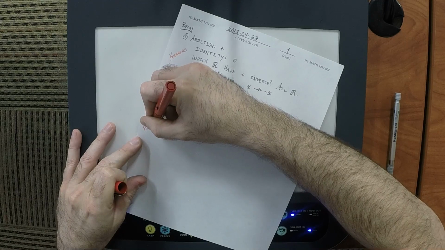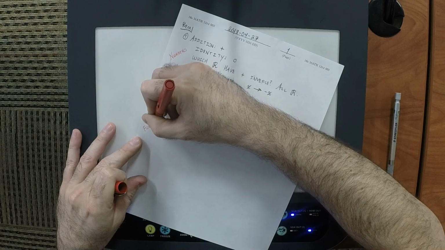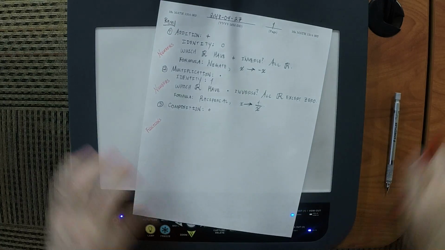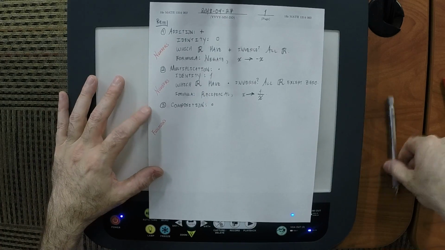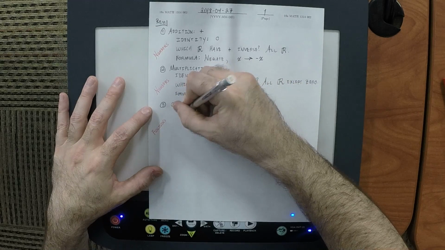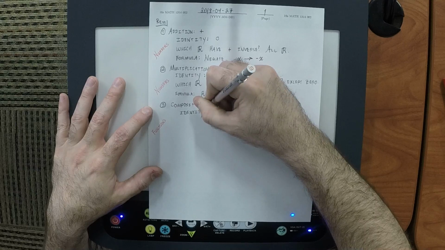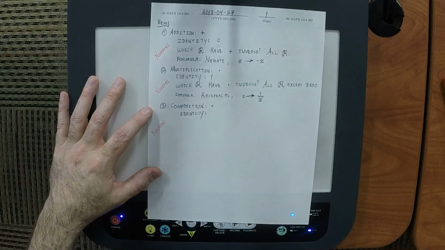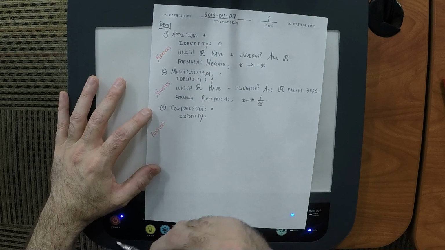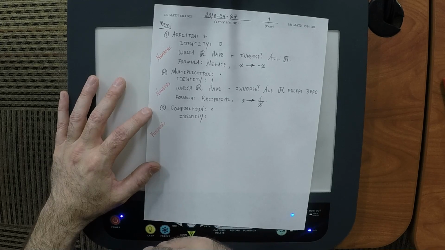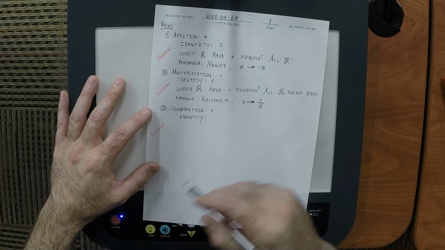So I want to make sure that you understand that the analogy goes far, but only so far. So what is the identity of composition? In the first place, what kind of thing should it be? Is it going to be a number? No, it's another function. It's got to be a function, right?